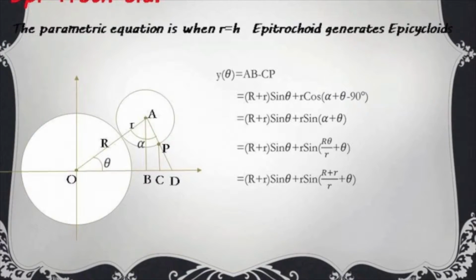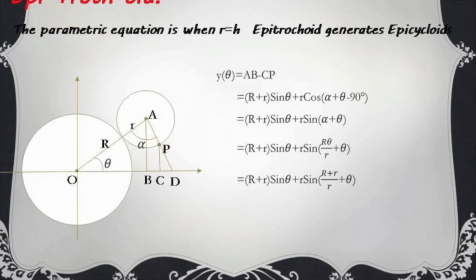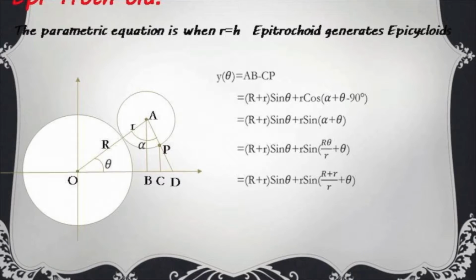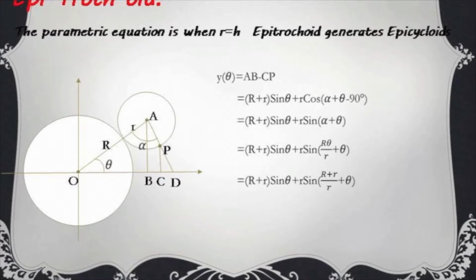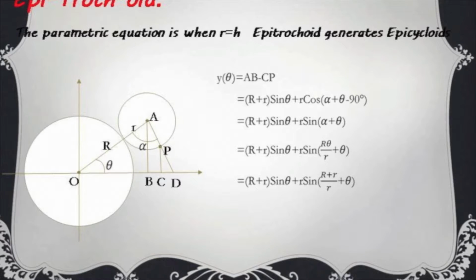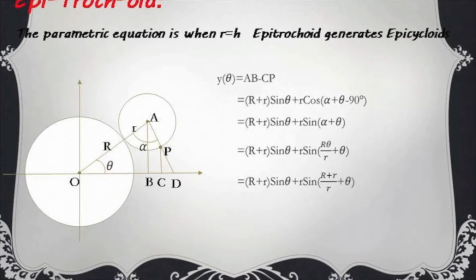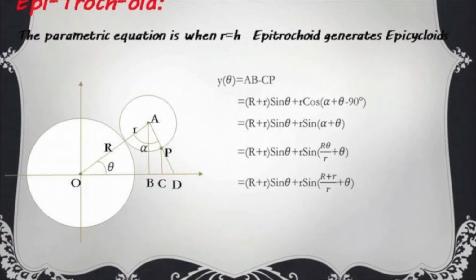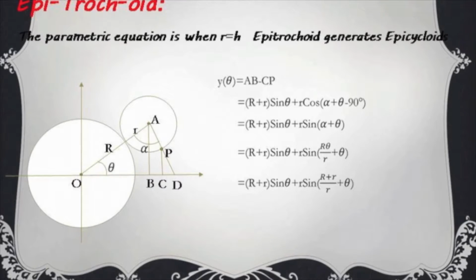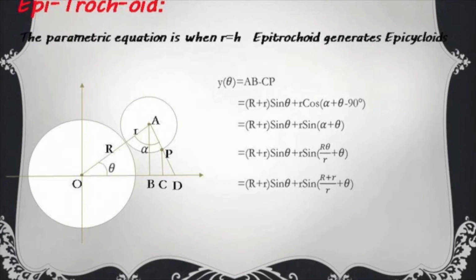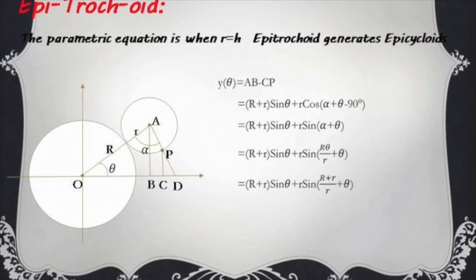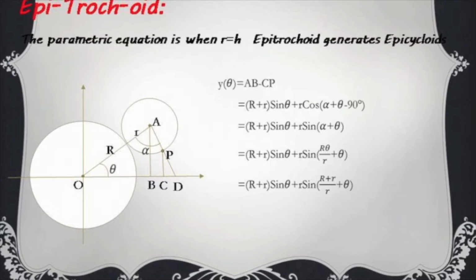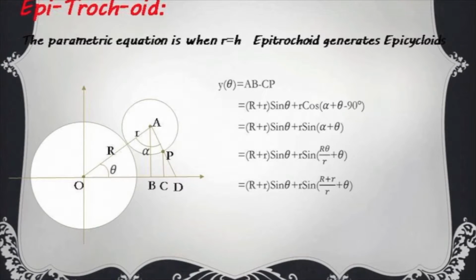So now we're going to find the y theta. From the picture, we know that y theta equals AB minus CP. We know that AB equals (r plus small r) sine theta and CP equals small r cosine of the angle BAP, which is alpha plus theta minus 90 degrees.